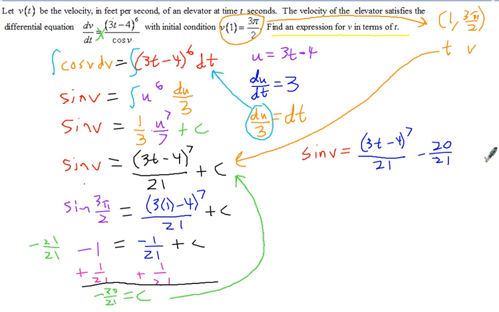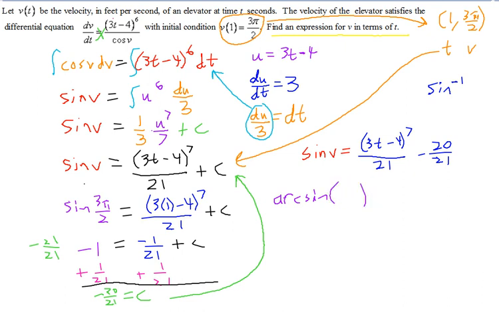The last thing we have to do is find an expression for v in terms of t. In other words, solve for v. So to get rid of the sine, you can't divide by it, because v is inside sine. But what you can do is take the inverse of sine, which sometimes is written as this, especially on many calculators. Another way it's called is arc sine. So we take the arc sine of both sides.